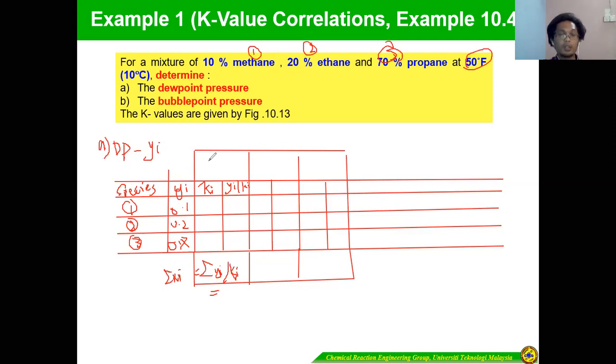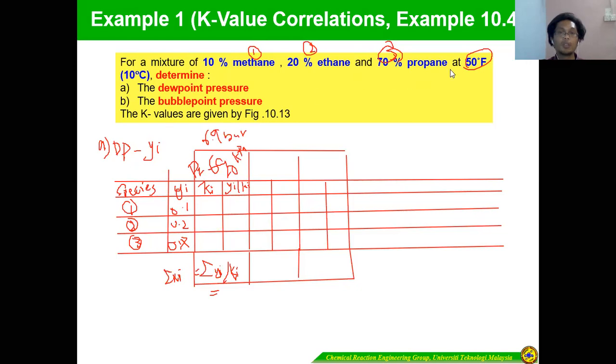Look at here, I guess around 960 kilopascal, so P equals 9.6 bar.